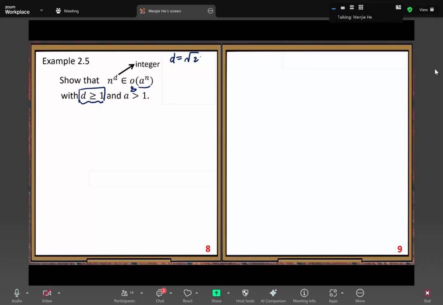When we work on our data, we may have many cases, in particular the cases about the exponent d number. d could be integers and non-integers, different cases.